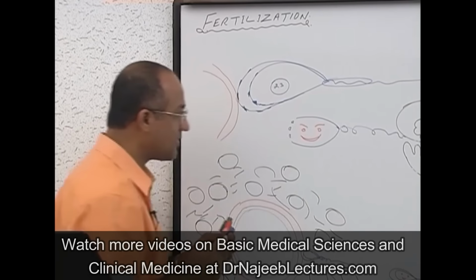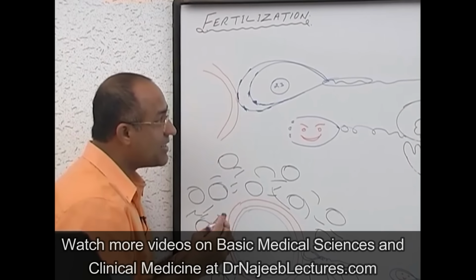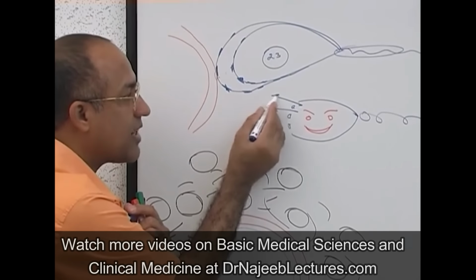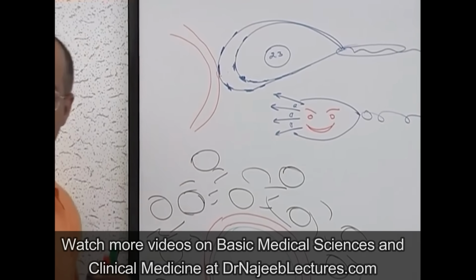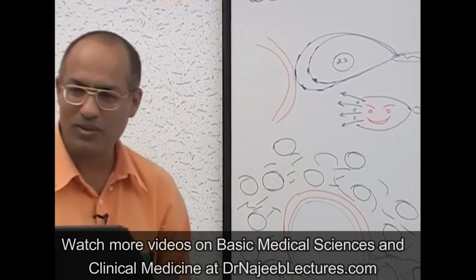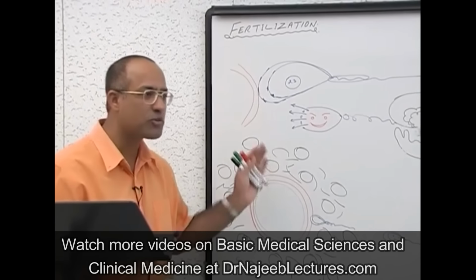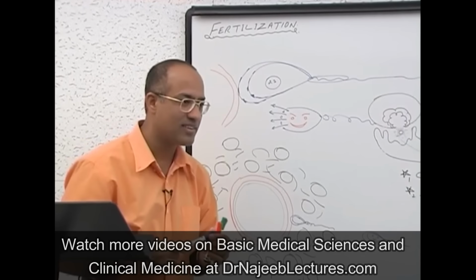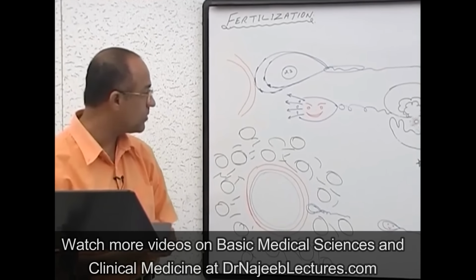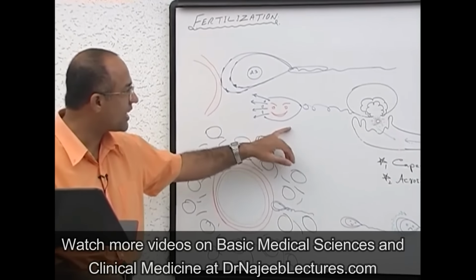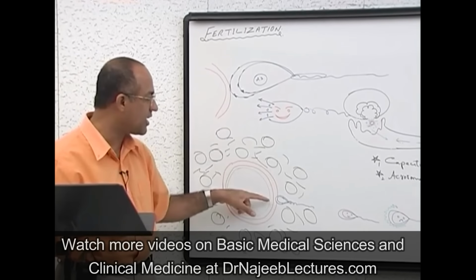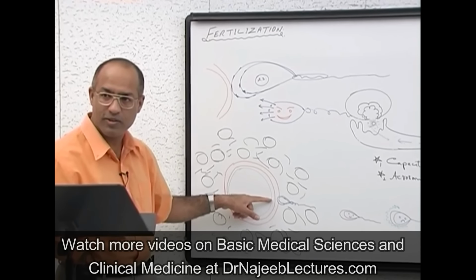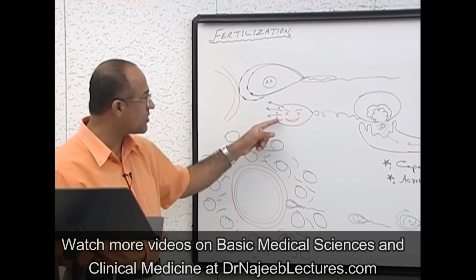Proud of himself. What is it doing? It starts releasing enzymes so that it can digest away the zona pellucida. The female likes to put up barriers. So it has done its head washing, and now it is releasing some substance as soon as it touches the zona pellucida. What is this substance?